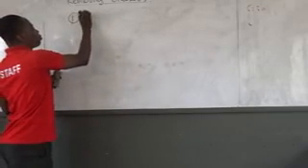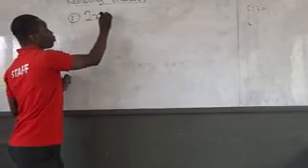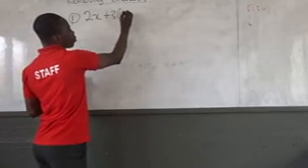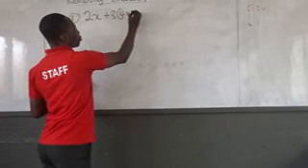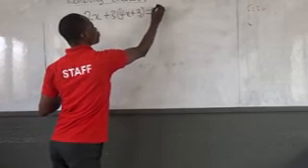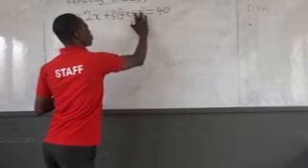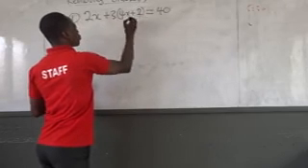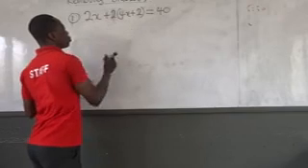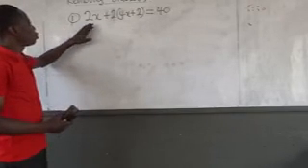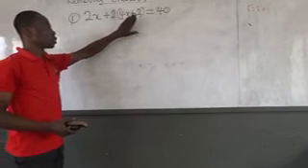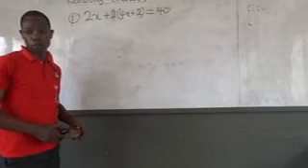So, quickly write it down. 2x plus 2, bracket opens, 4x plus 2, bracket close, equal to 40.